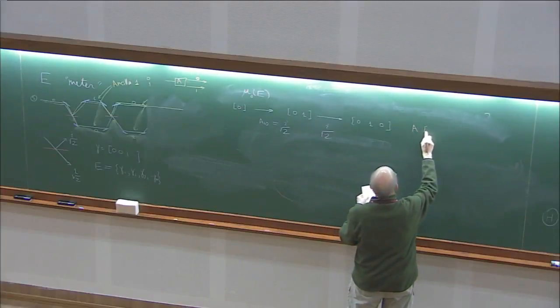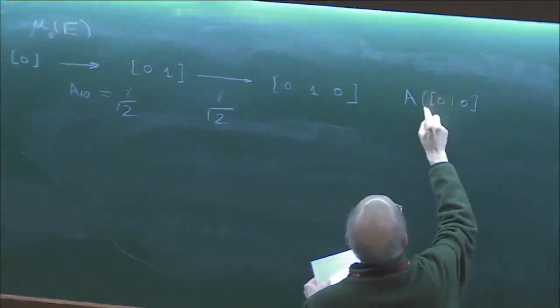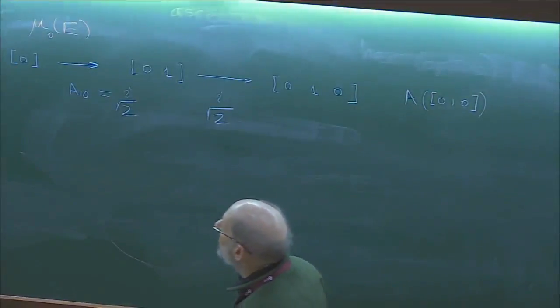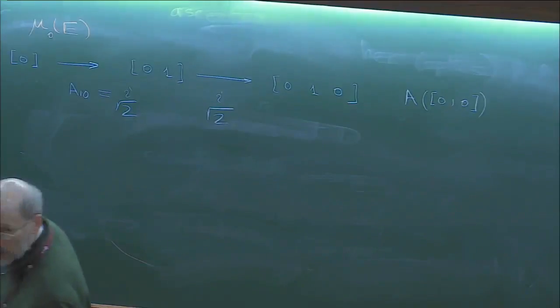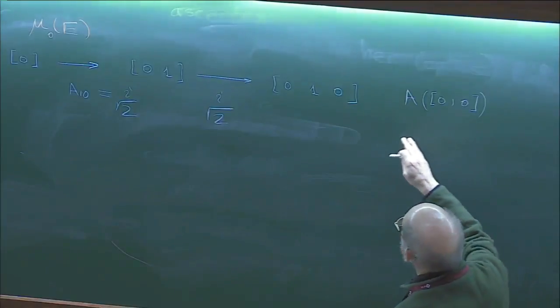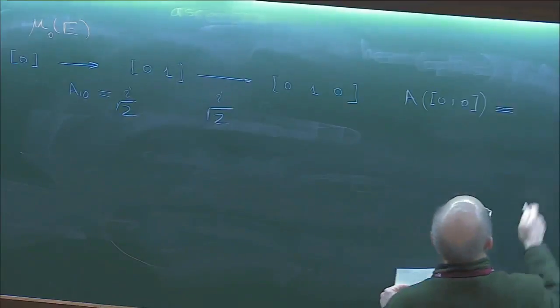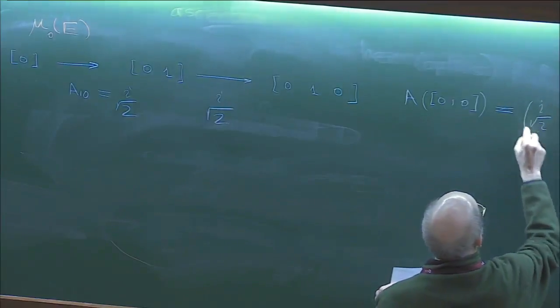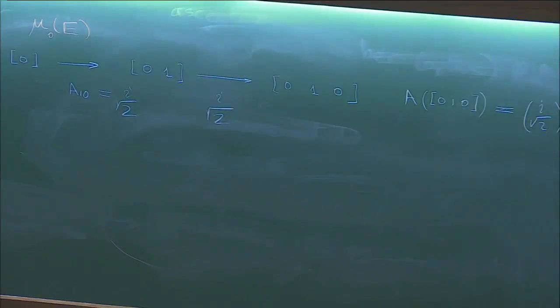So the amplitude of the whole history, using the usual fundamental rules for path integrals that are Markovian in nature. I hesitate to use the word Markovian because it may mean different things, but by Markovian, I mean you can build up the amplitude step by step in this way. So in this Markovian case, the amplitude for the full history is just the product of the amplitudes for the individual steps, which is i over square root of 2 squared, which is minus 1/2.